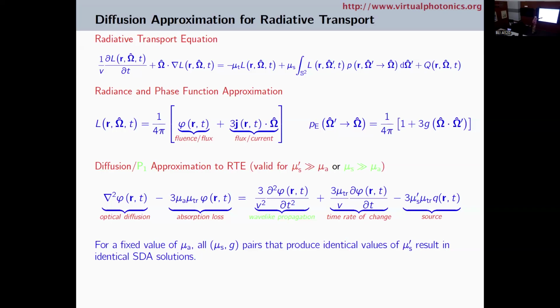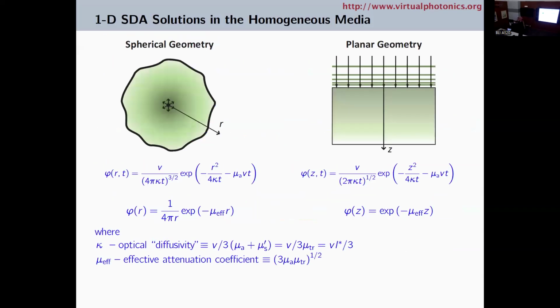Something that annoyed me and Scott to no end when I was a graduate student, because it's very limited in its accuracy and deeply flawed in some ways as a metric for penetration depth. And we'll talk about that shortly. And then you can look at another one. So this is 1D in spherical geometry, where the only spatial coordinate is R. This is 1D in a planar geometry.